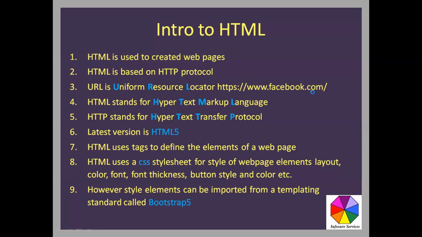Now this site name means that this page is located on some server, and that server has an IP address. The IP address is the address of that server. However, the website is the page sitting on that server.